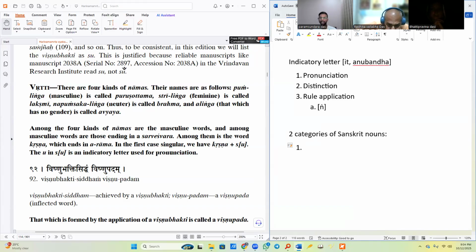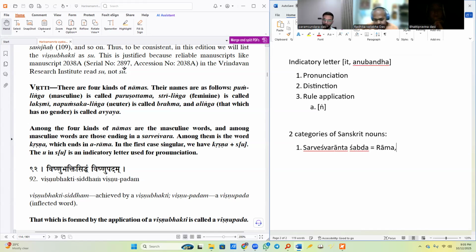First, there are the words which end with a vowel. They are called svarantha shabdas, meaning those words which end with a vowel.